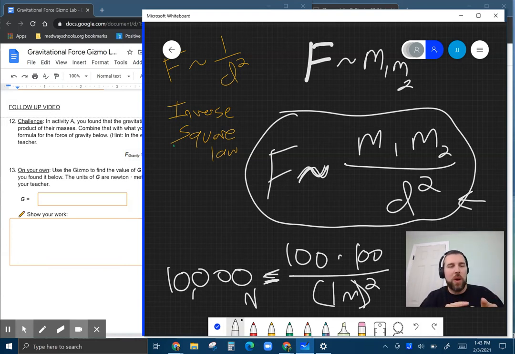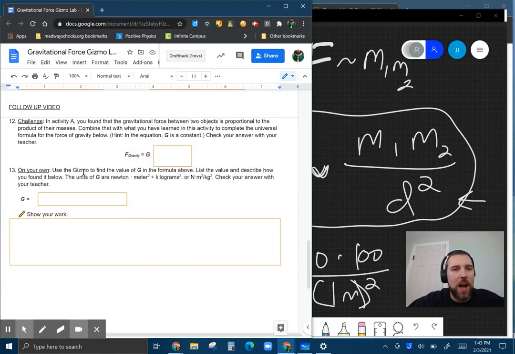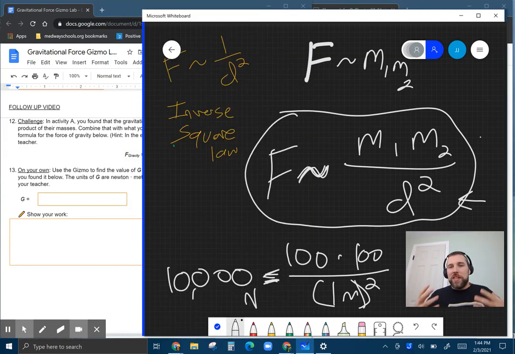So for this last part, why do they put a constant out front? It's because we chose to measure mass in kilograms. The universe didn't decide that. We chose to measure distance in meters. The universe didn't decide that. And we also chose to measure force in newtons. The universe didn't decide that, right? So the units that we use are dependent on the systems that we've created.